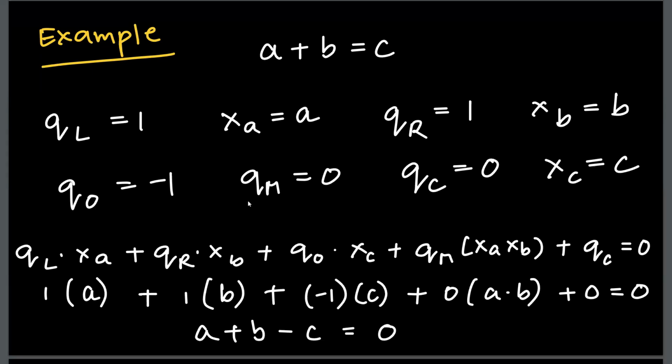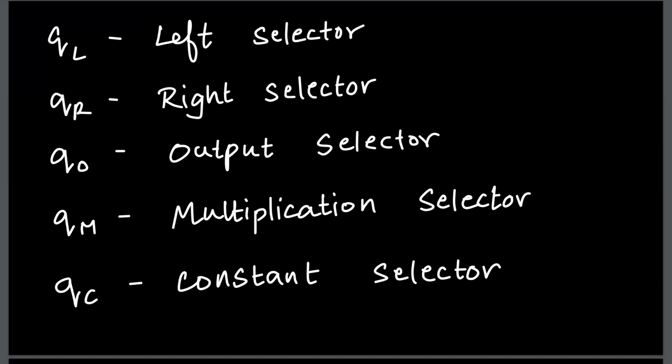There's no multiplication happening, so QM would be 0, and QC would be 0 because we don't have any constants like 1, 2, 3, or anything. If you substitute all these values in the plonkish equation, you would get a plus b minus c equals 0, which is the original equation you wanted to represent. So this is what the selectors mean.